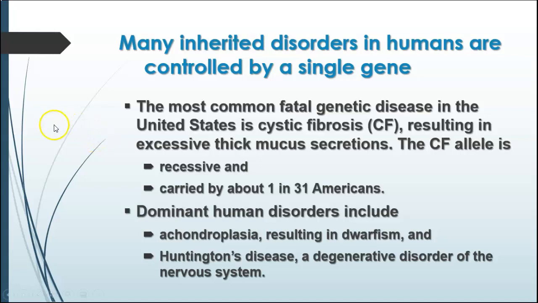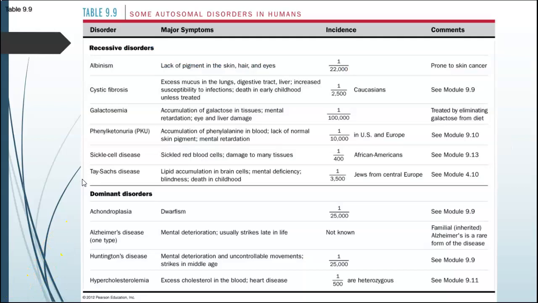Both of these can be tested for. If a dwarf with achondroplasia marries another dwarf, they have a pretty good chance of having a child with achondroplasia, but it can also result from a spontaneous mutation.